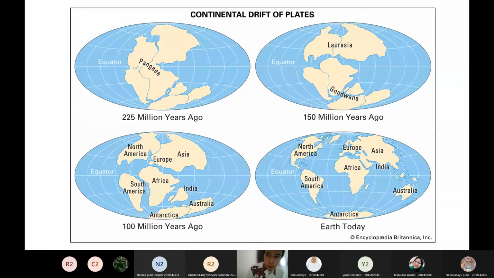And afterwards, this also became a divergence of separations of the land from Gondwana and Laurasia. Laurasia separated into North America, Europe, and Asia, and Gondwana itself split into South America, Africa, India, Australia, and Antarctica.